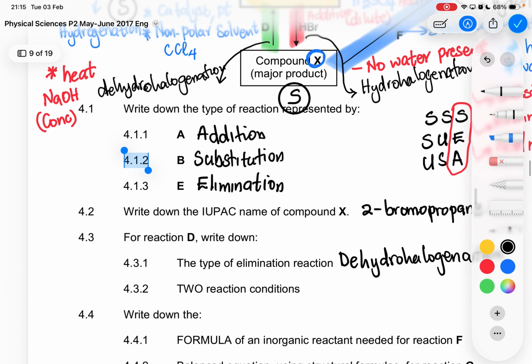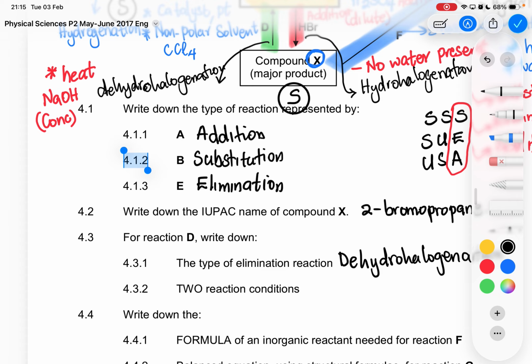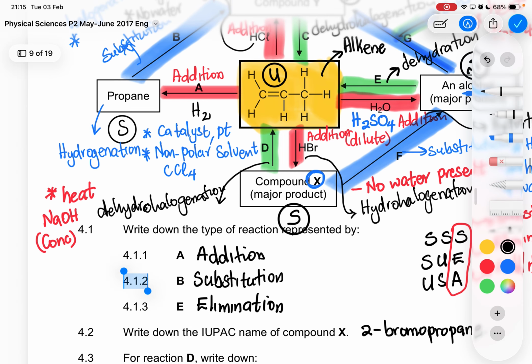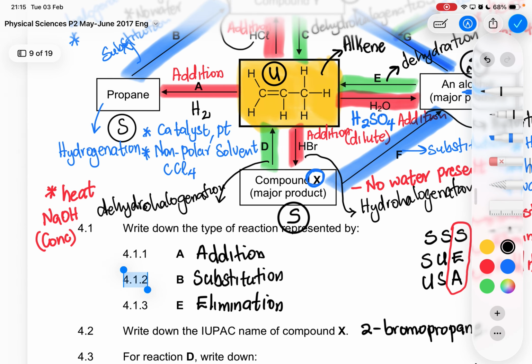So see, then state 2 reaction conditions for this to happen. Someone please give us the reaction conditions that are needed for dehydrohalogenation. I can just show you here. What do we need for this reaction to occur?